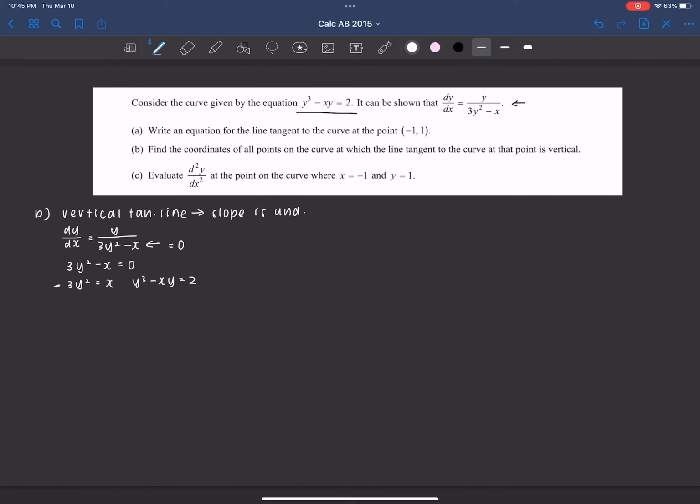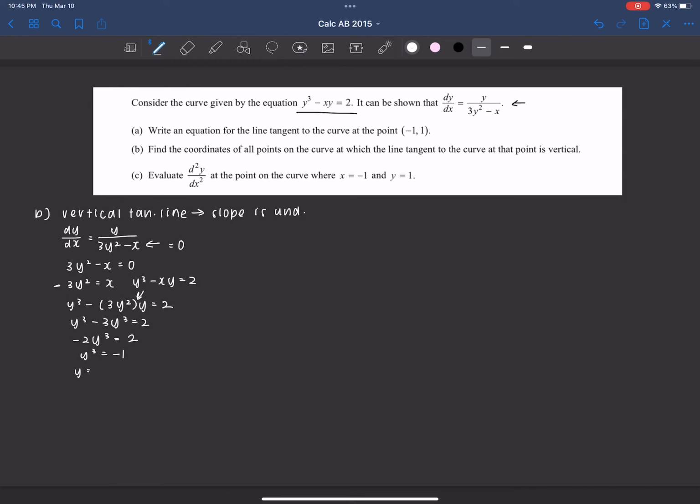So rewriting this function, we get y cubed, and then we're going to substitute in 3y squared for the x, times y equals 2. So we get y cubed minus 3y cubed equals 2. And that's negative 2y cubed equals 2. y cubed equals negative 1.